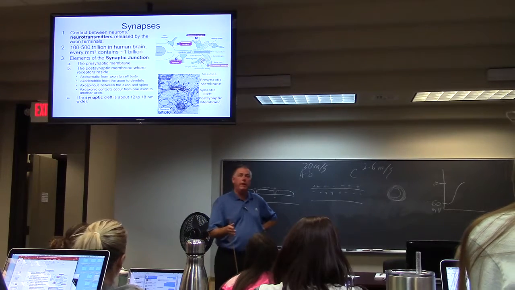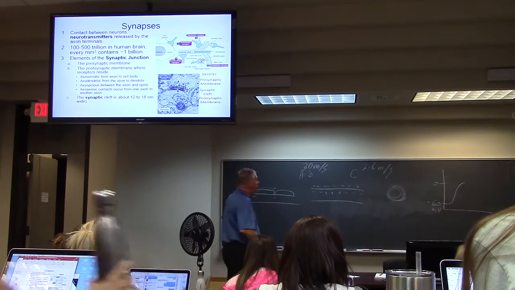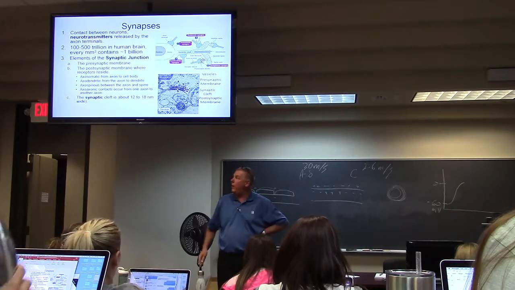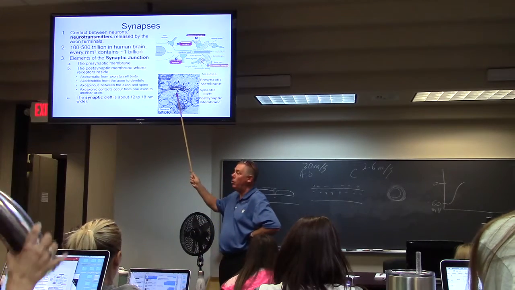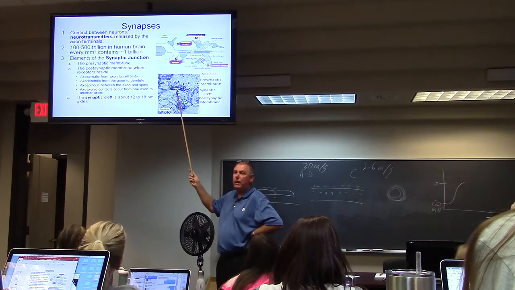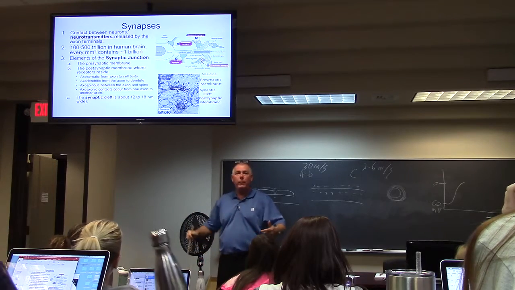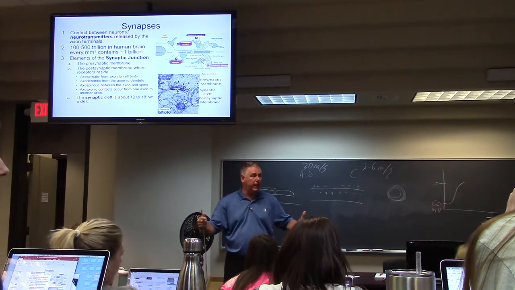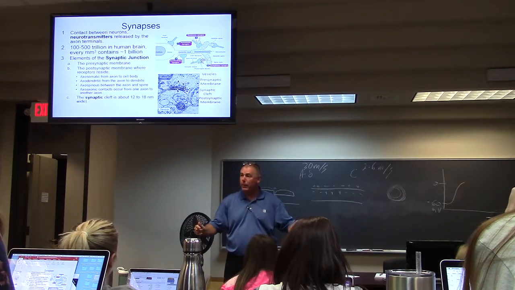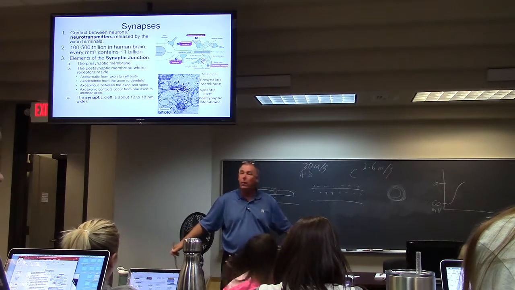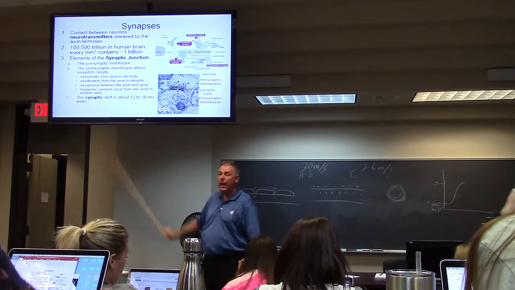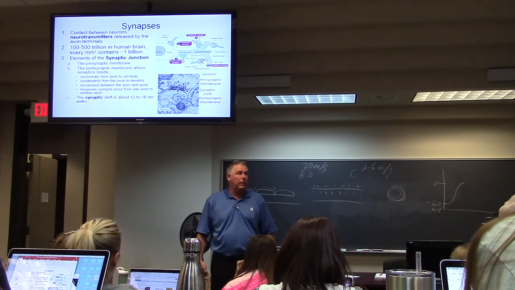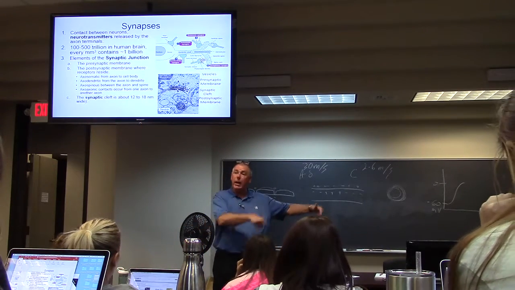It wasn't until the invention and use of the transmission electron microscope in the 50s and 60s that they actually realized that all these neurons were not physically connected. There was a gap that separated them all. And that gap is a few nanometers wide here. A neuron does not touch another neuron.